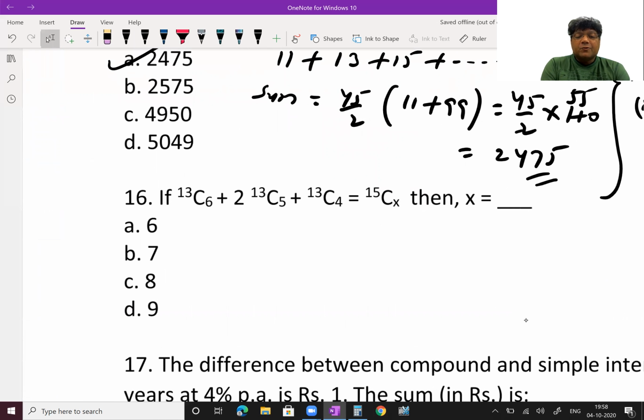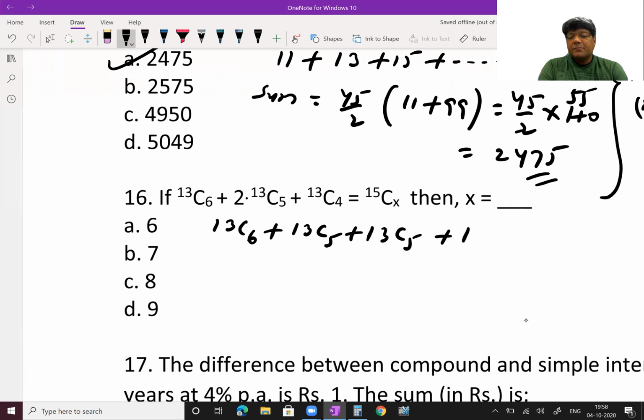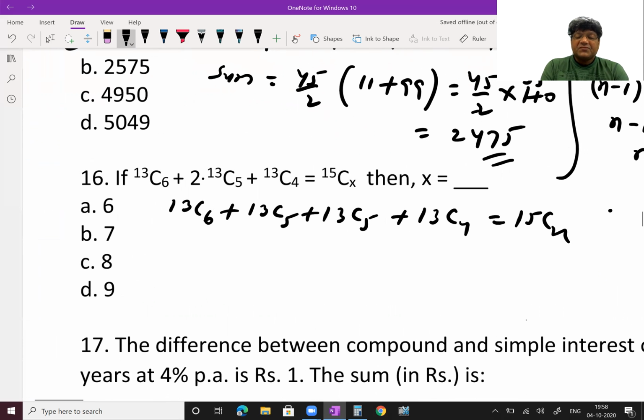What will I do? 13C6 plus 2 into 13C5. I will break it into 13C5 plus 13C5, and plus 13C4 is equal to 15CX. Now, if you look at the first two, their upper part is the same, 13, 13, and the lower part has only one difference, 5 and 6.